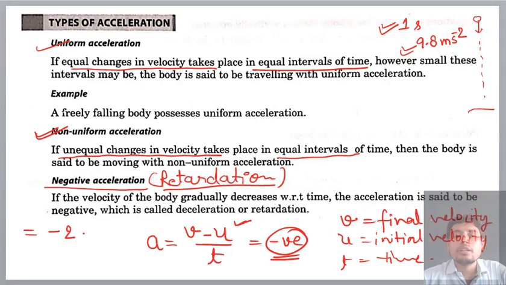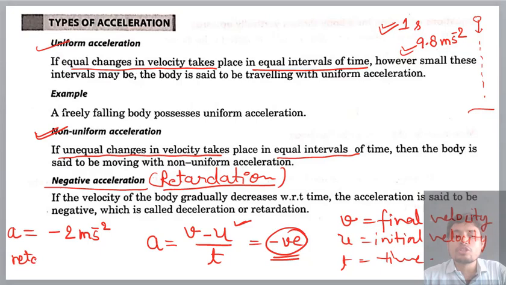Suppose the acceleration of a car is -2 meter per second square, it means your speed is decreasing by 2 meter per second in every second. The minus sign shows that your speed is decreasing.